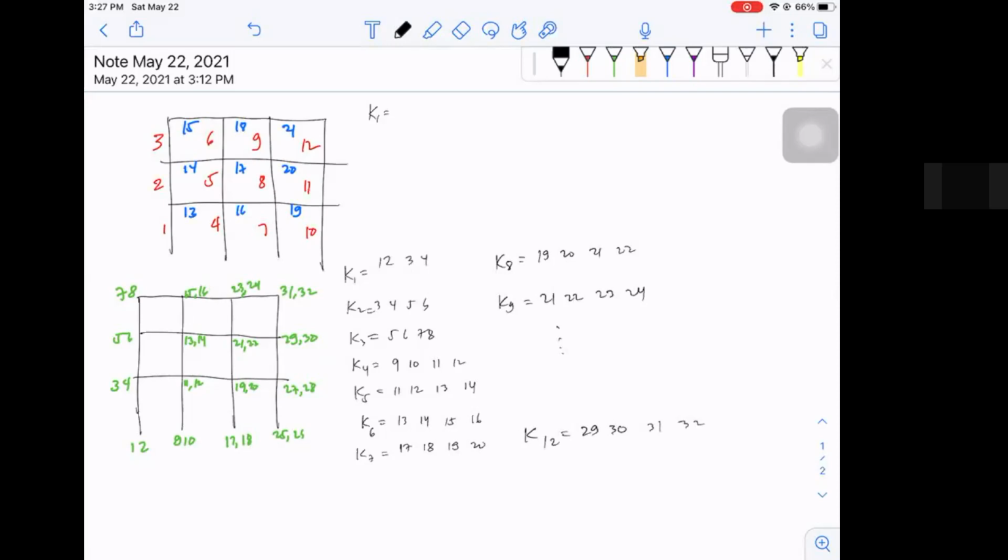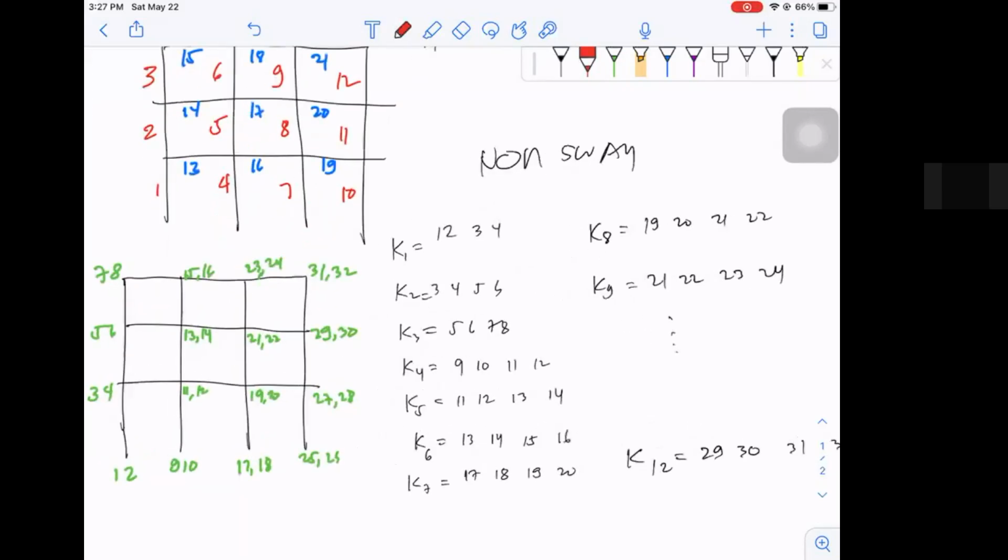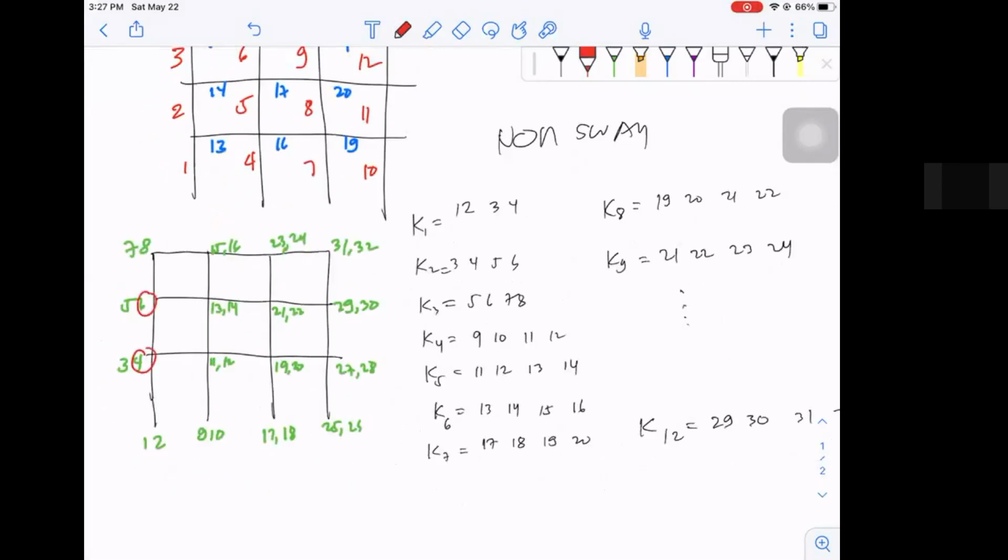Now, say we're talking non-sway. Again, all rotation only. So I'll encircle all the rotations. What will be the active here? Again, 4, 6, 8, 12, 14, 16, and so on and so forth. These are all the active or the unknown rotation.